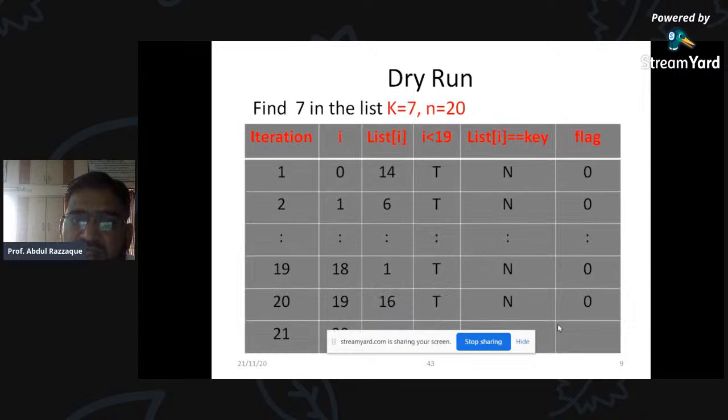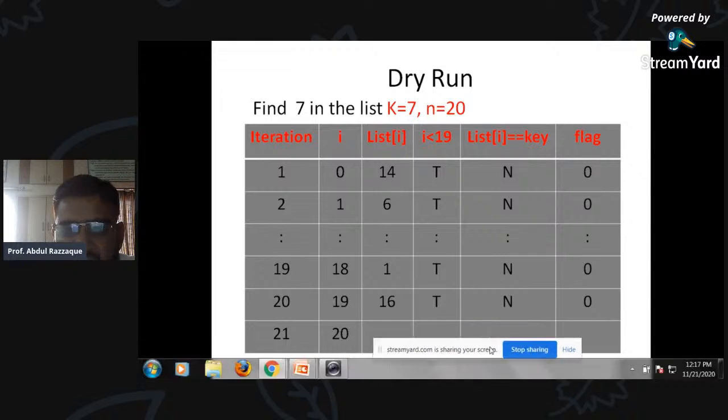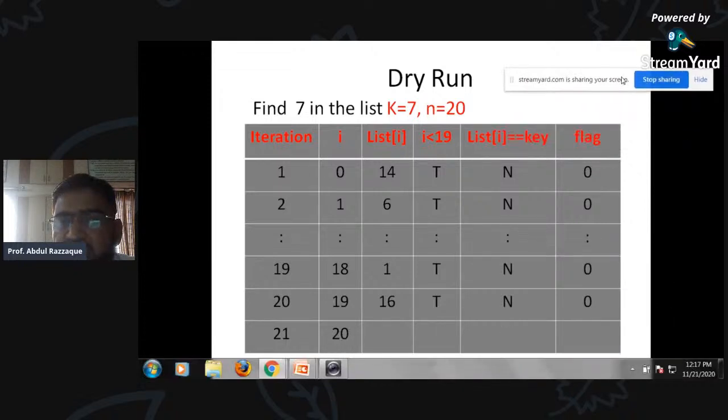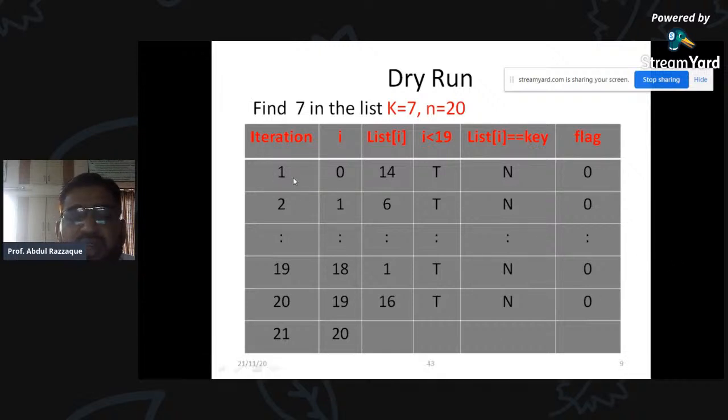Let's take one more example in which the element is not there in the list. What will happen when the element is not there in the list? Let me put it here. At the 0 value of I, the match is not successful, and at all the instances, because 7 is not there in the list.